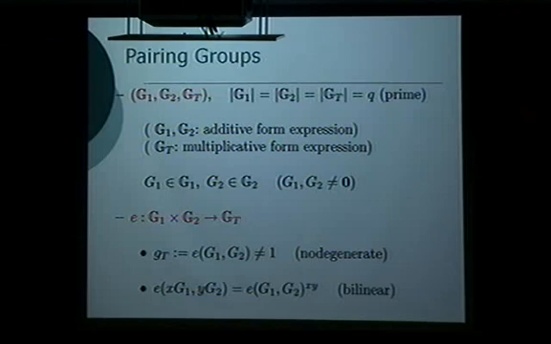And pairing e is defined over G1 times G2 to GT. And it has two properties, non-degeneracy and bilinearity. So now, this is the notation of pairing groups in my talk.